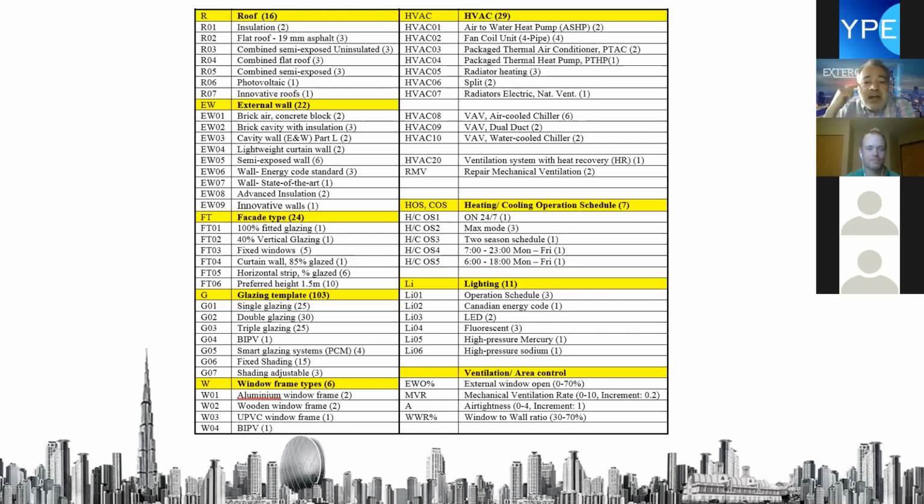So I'm assuming here that there are no drawings or digitalized plan. For example, you can see the roofs, the external walls, the facade, glazing, windows, lighting, HVAC systems, even the HVAC operations. We have different categories that we can input into the model to simulate the building on top of that.